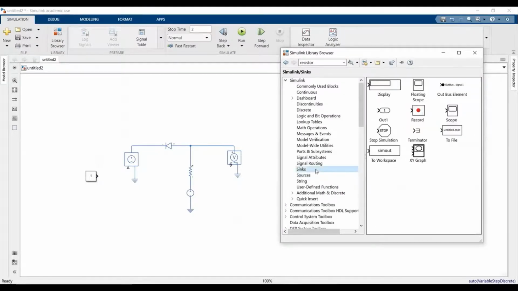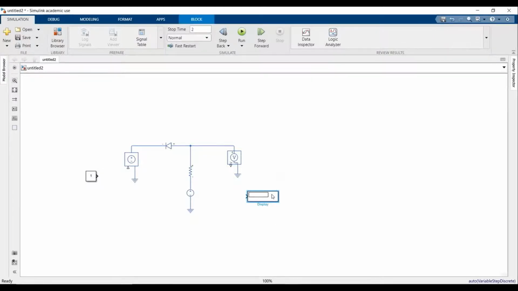Then we can take the sink from the display to show what is on the voltage sensor. Okay, so now we can try to connect this. You can see that again, it cannot be connected, as I mentioned previously. Simscape components cannot be connected to Simulink components.